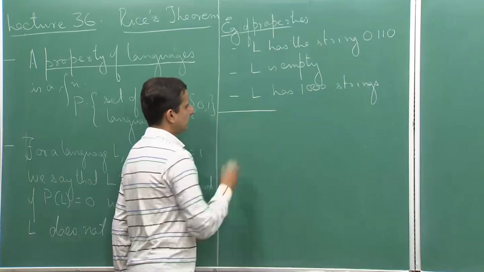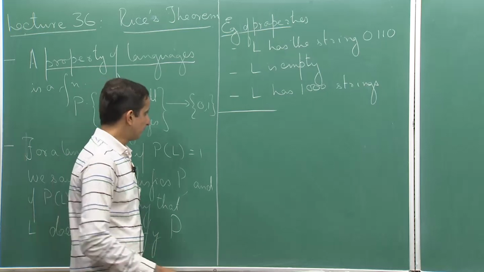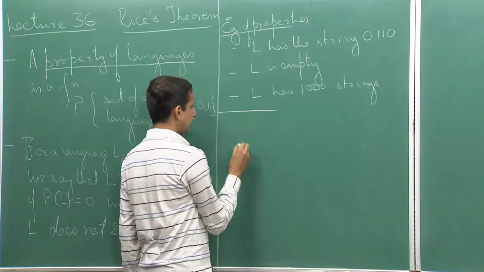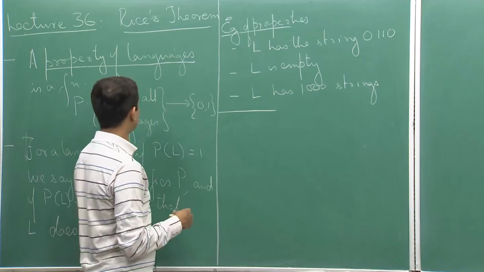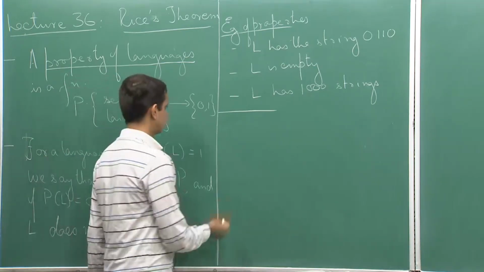Now we define what is called a non-trivial property of languages of Turing machines.